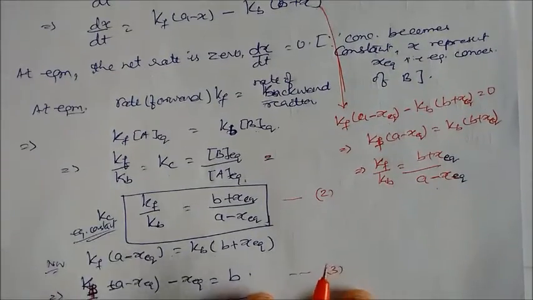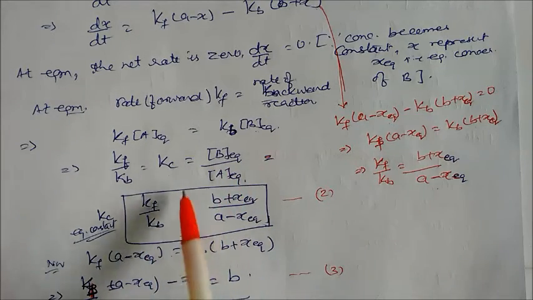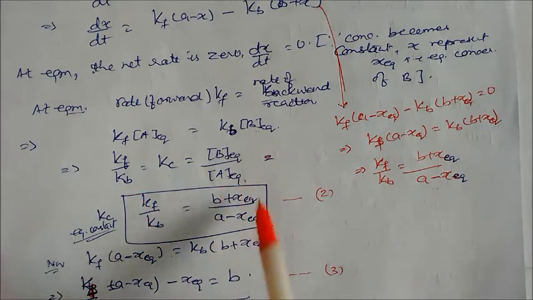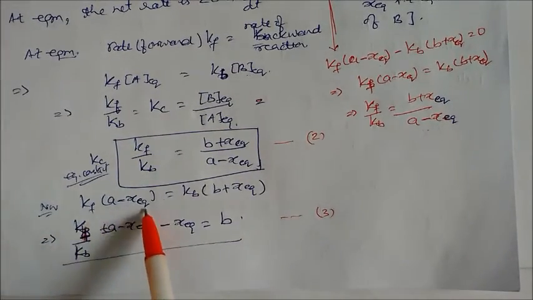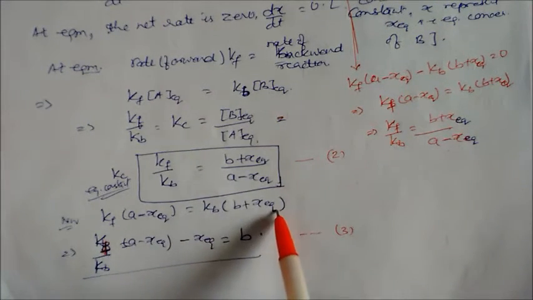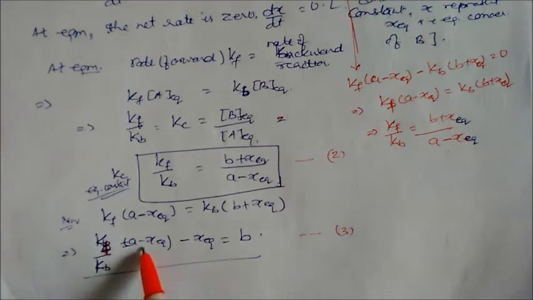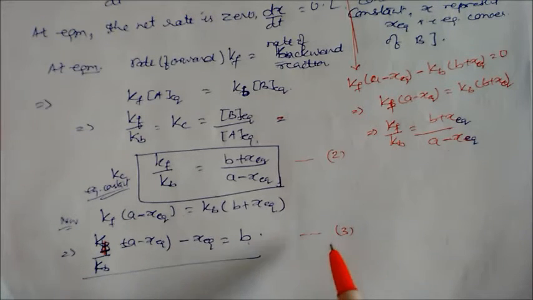This is the same value. So Kc, or Kf by Kb, equals this value. Now Kf is multiplied by (A minus x equilibrium) and Kb by (B plus x equilibrium). So Kf by Kb into (A minus x equilibrium) minus x equilibrium equals B. This is the third equation.